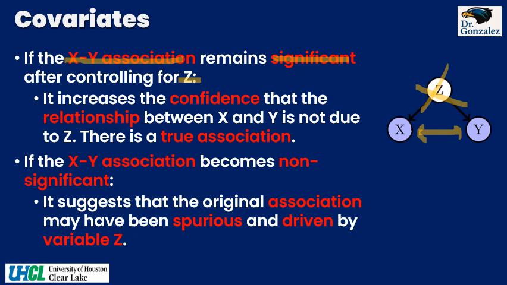It's going to do the opposite if the XY association is non-significant when I hold Z accountable. The original association may have been what we call spurious, and it was actually caused by variable Z.